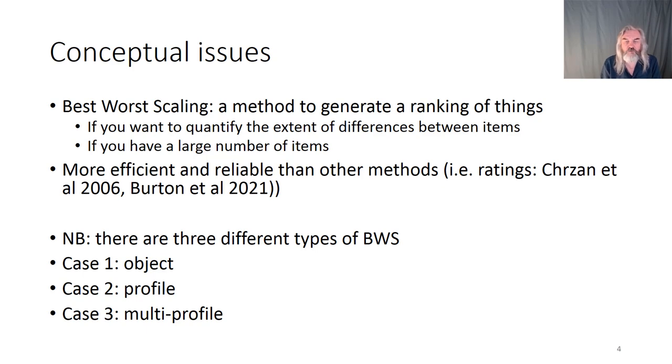Why is this coming to the fore at the moment? Well, there's evidence that it's more efficient and more reliable than other methods. You might think of doing a Likert scale method of saying, here's an item, score from 1 to 7 how important it is to you, and then keep on doing that for all the items. That's quite a common methodology that's been used. Various studies have shown that best-worst scaling is more efficient in the sense that it can generate high-quality results relatively easily in terms of responses by people.